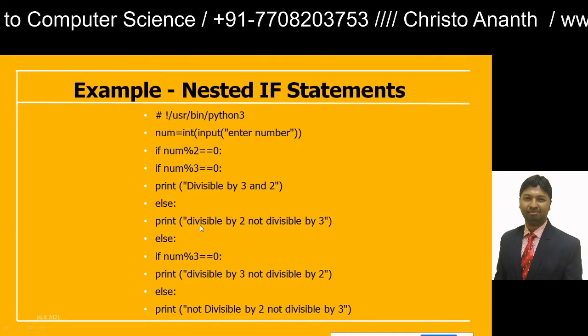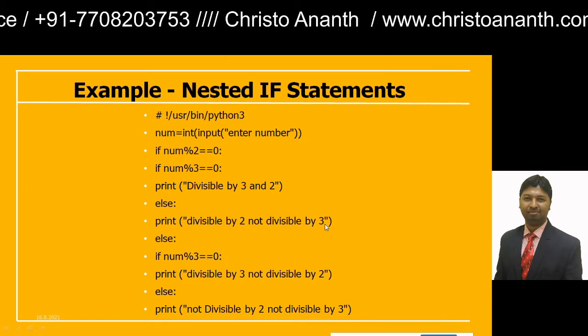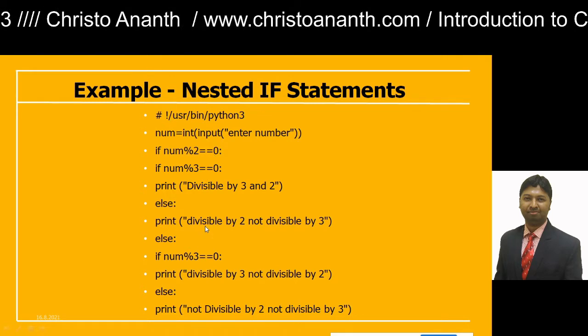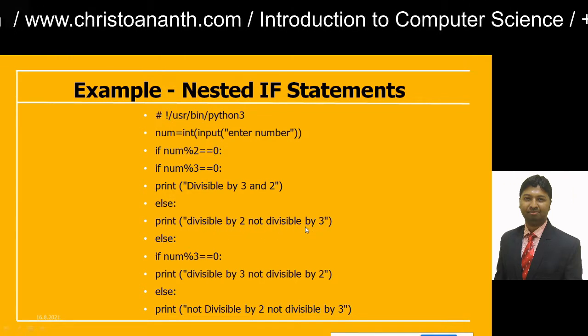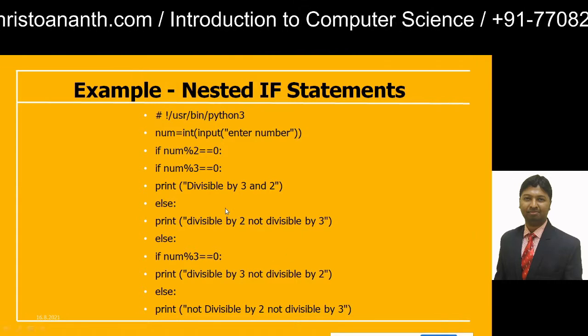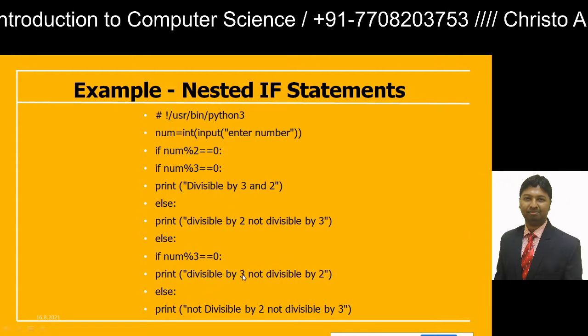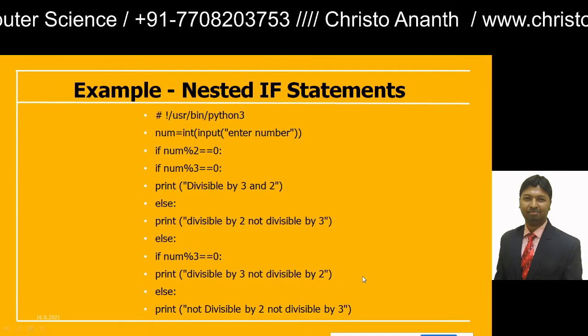Else we give divisible by 2 but not divisible by 3. If you give the number 4, it is divisible by 2 but not divisible by 3. But if you give the input as 9, it is divisible by 3 but not divisible by 2.